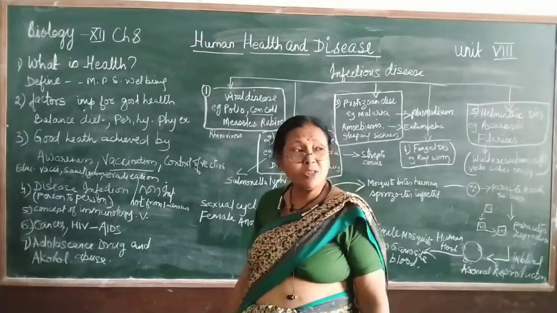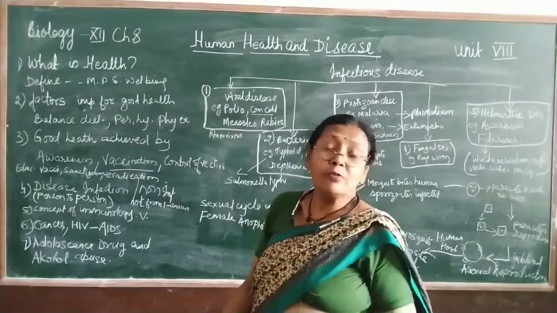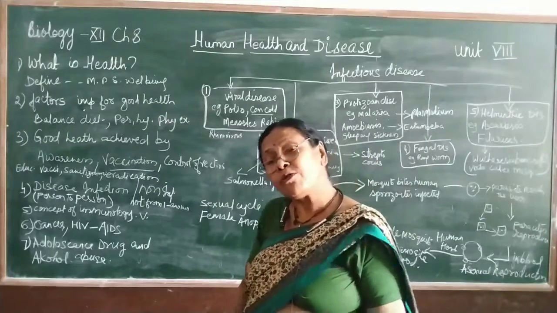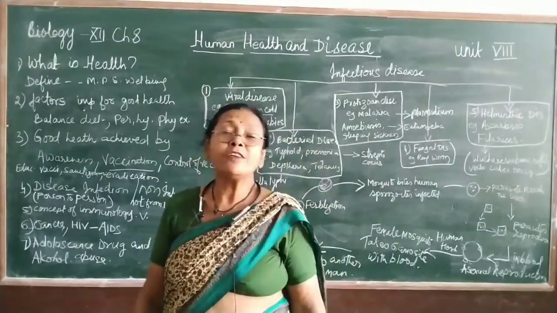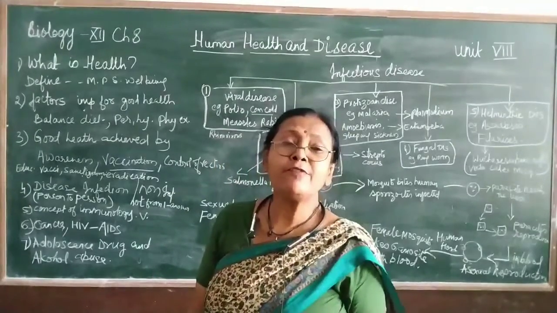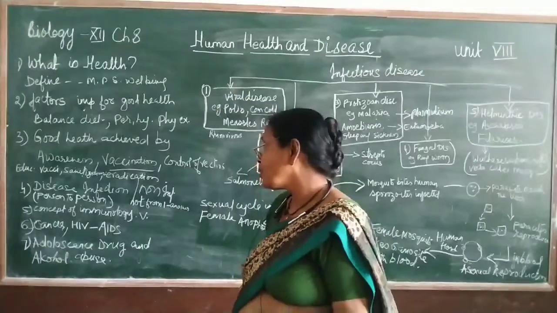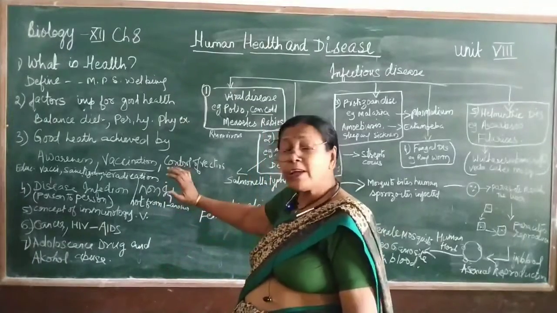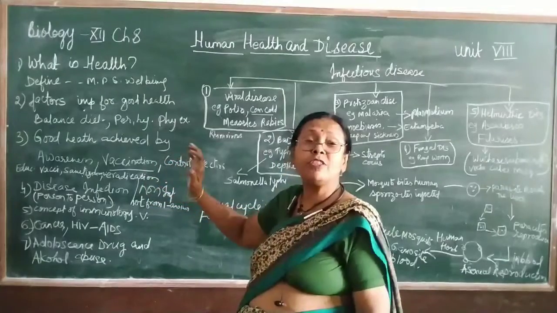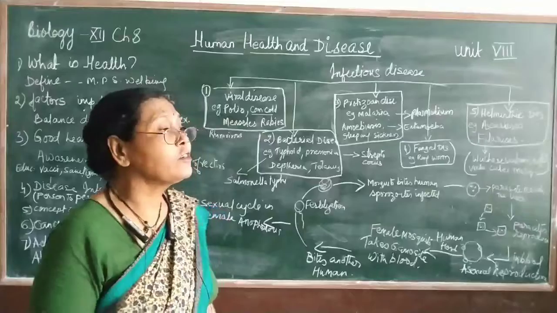So vaccination means to put some antibody in our body so that the virus that has entered will be killed and we will get rid of the disease. Now, to achieve these goals, what is more important?